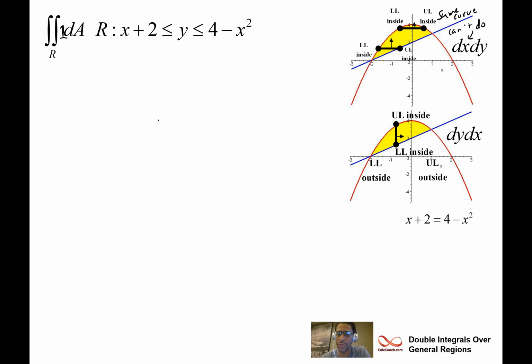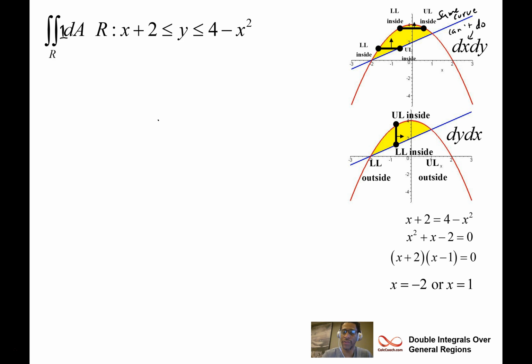x plus 2 equals 4 minus x squared. And then we set this equal to 0. Quadratic, which fortunately is factorable as x plus 2 and x minus 1. Set them both separately equal to 0, and we'll have the fact that x is negative 2 or x is 1. These are our outside bounds.